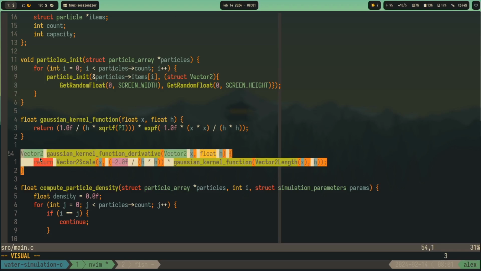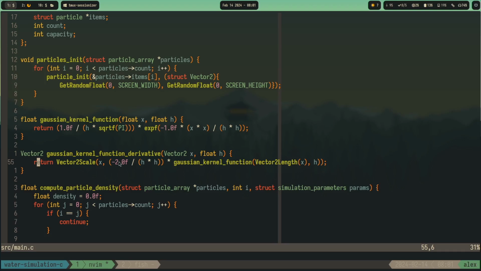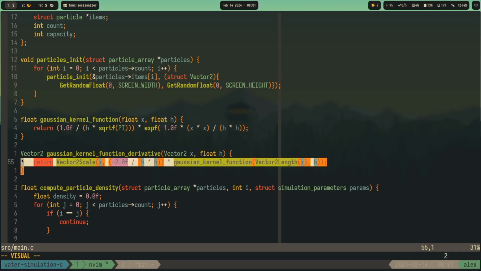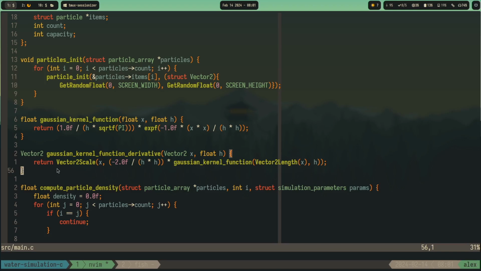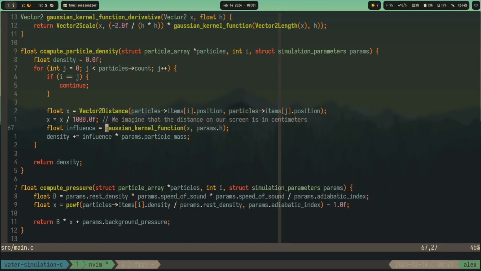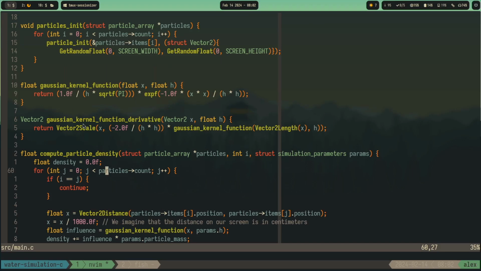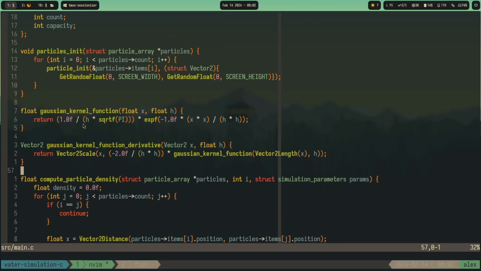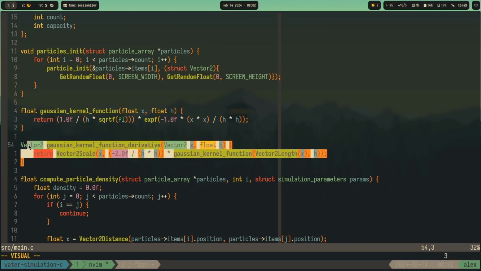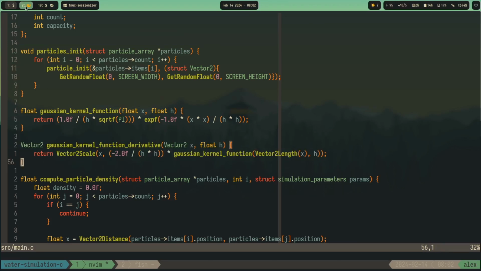So it's basically that. So yeah, I think it's decent like this. Because this just gives us the derivative, it's not a huge deal.